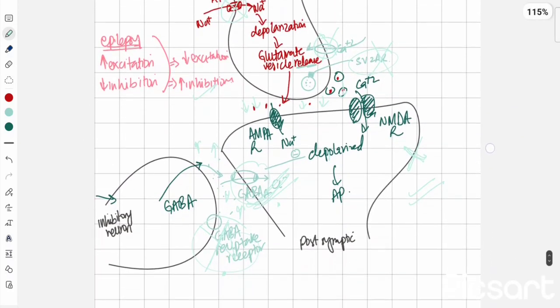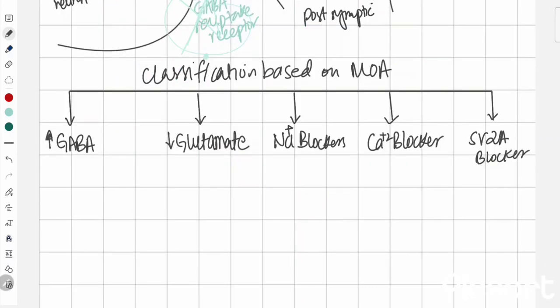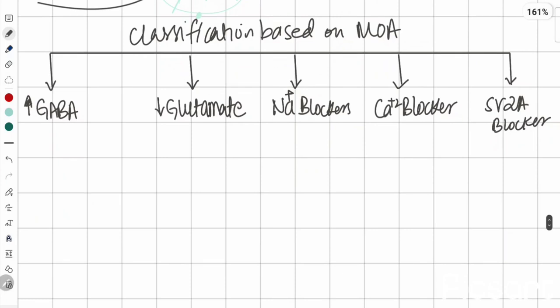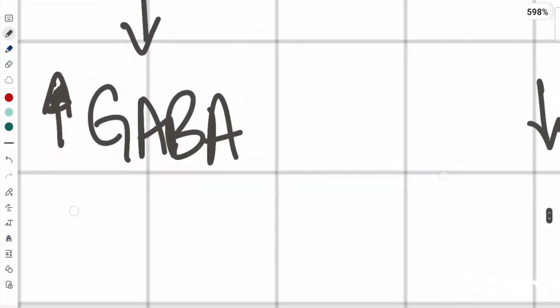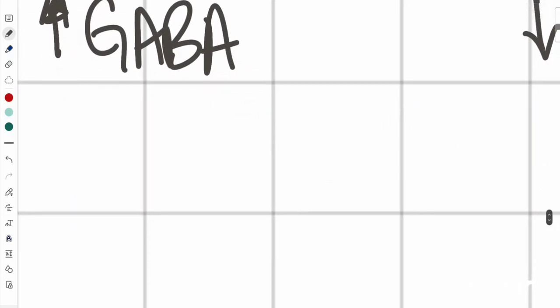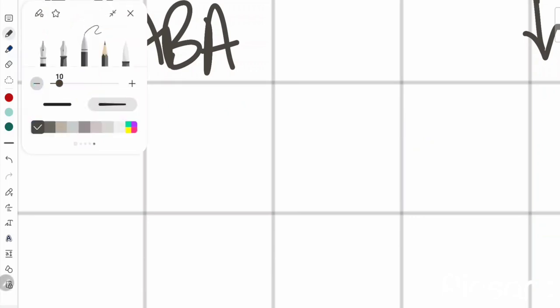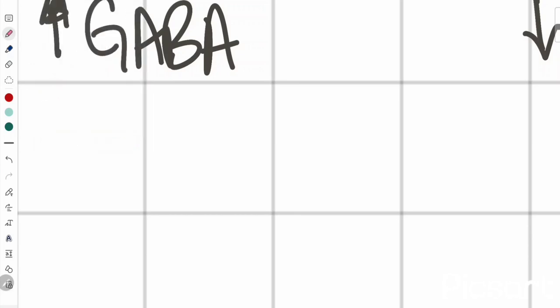Now let's see what are the drugs that we give. First, we're going to do the classes that increase GABA. There's a mnemonic for that so you can remember it easily: baby goes to Venus.